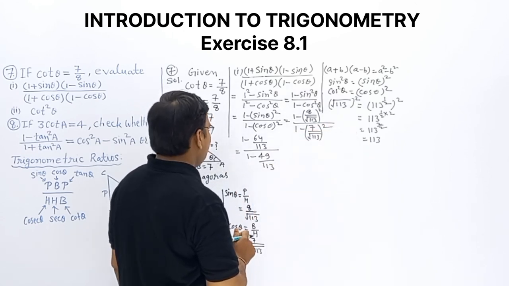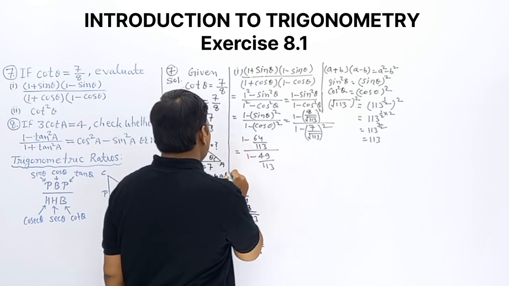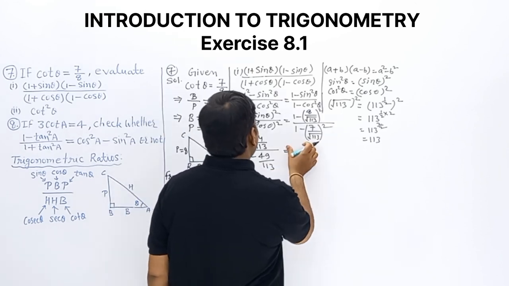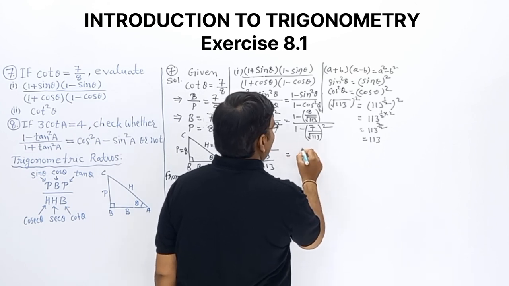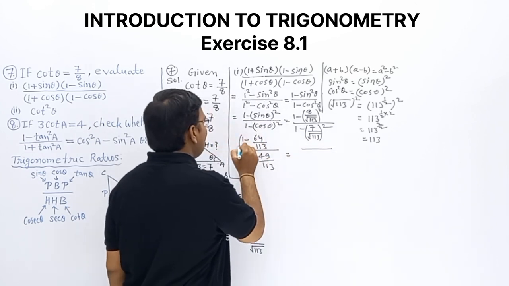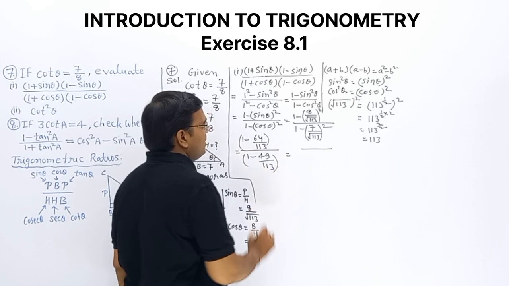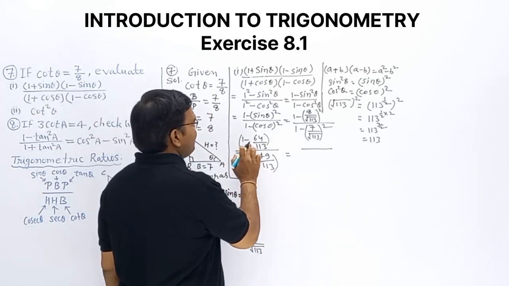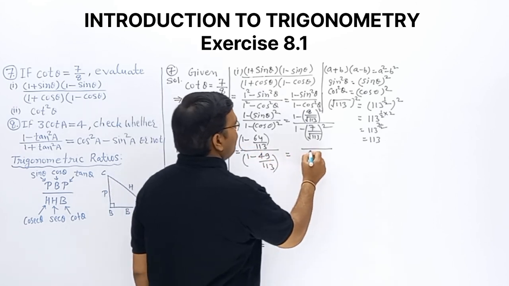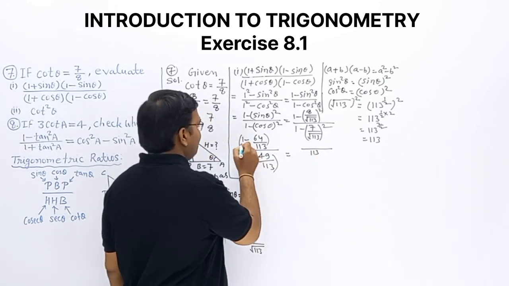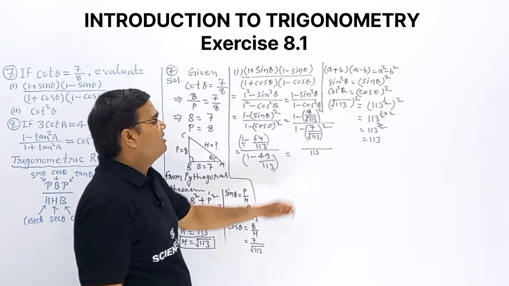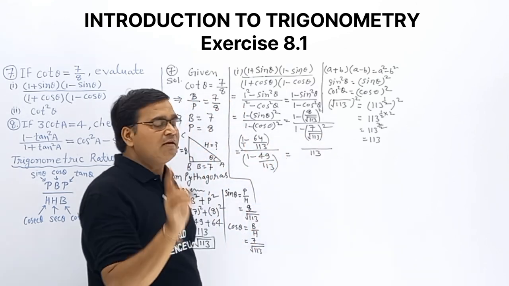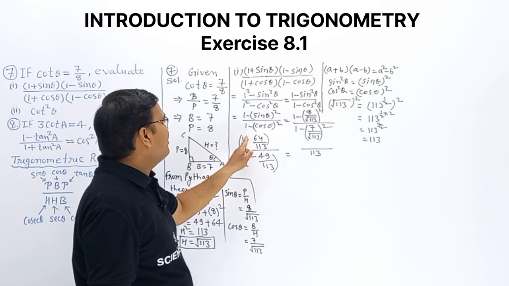Clear? Now take the LCM. How will we solve? This is the numerator and this is the denominator, so we will take the LCM in both. What will be the LCM in the numerator? We have 113 as the LCM and there is the 1. 113 divided by 1, how many times is it going? 113 times, and the result will be multiplied by the numerator.